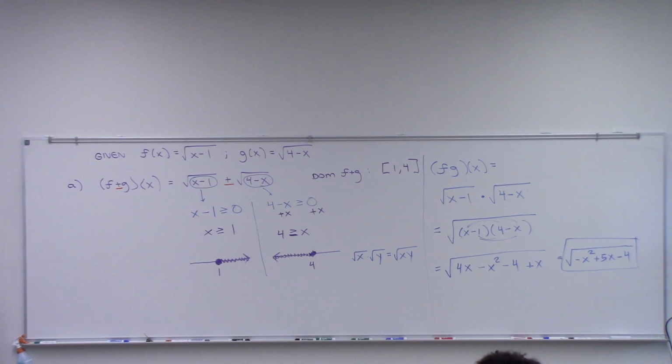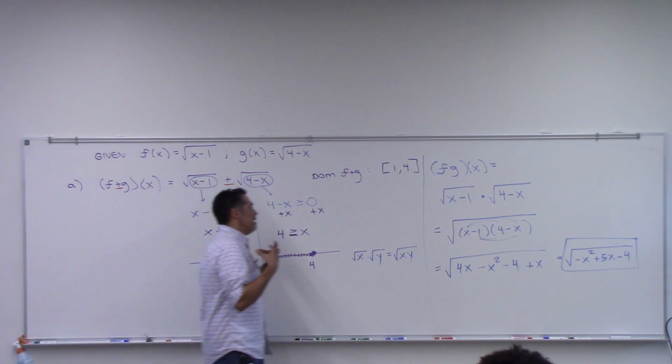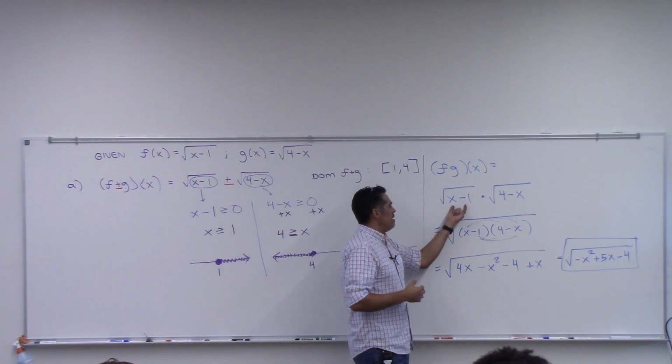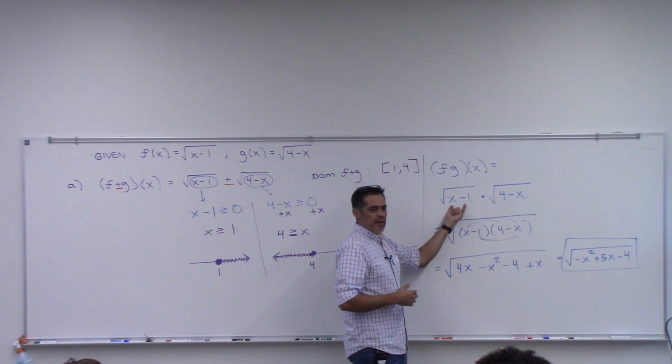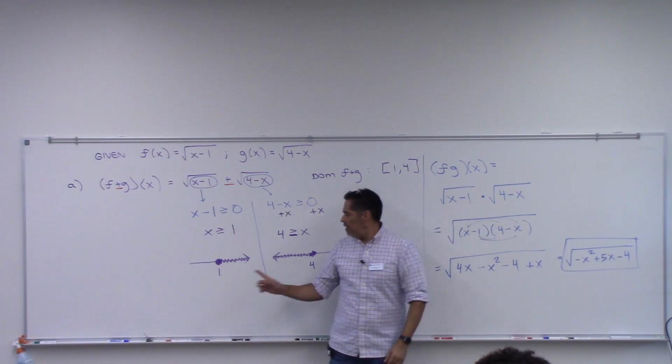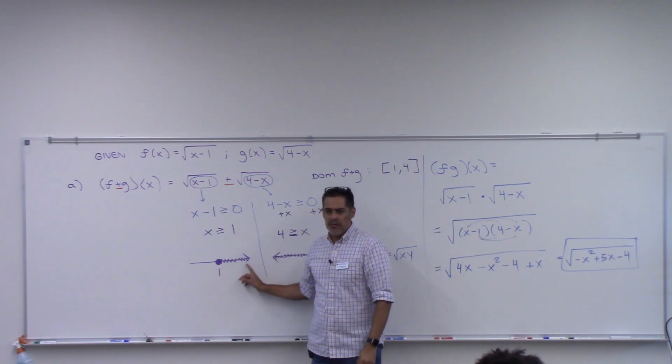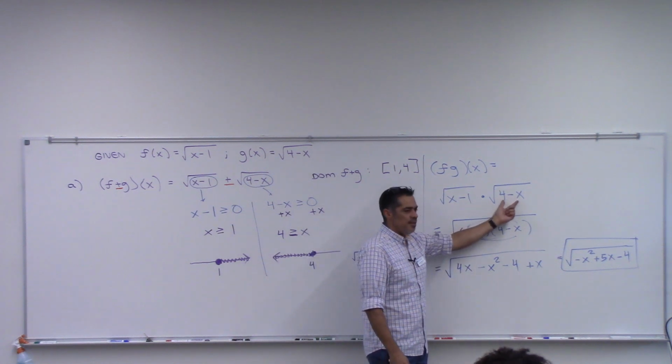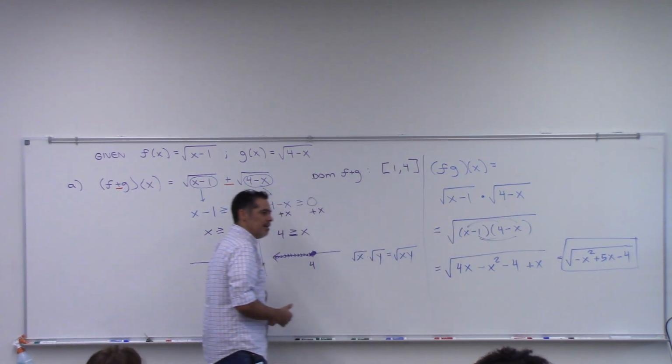And now we have a problem. All right? The problem is that I know already that the only way to define this is to make sure that x is bigger than 1. The only way to define this is to make sure that x is less than 4, right?